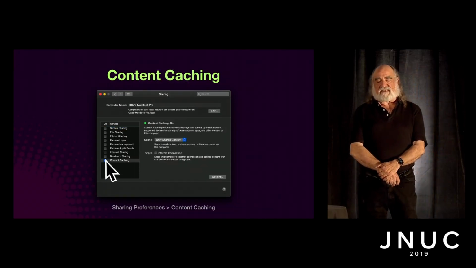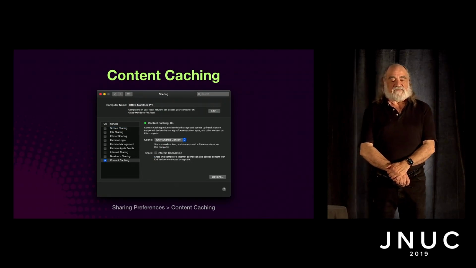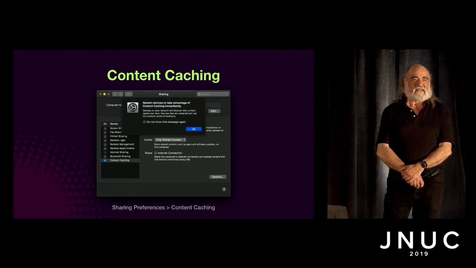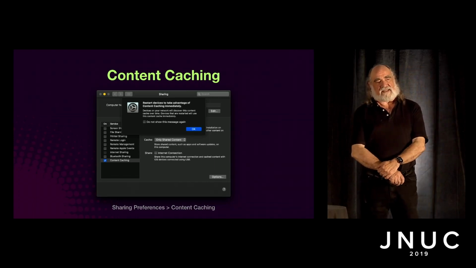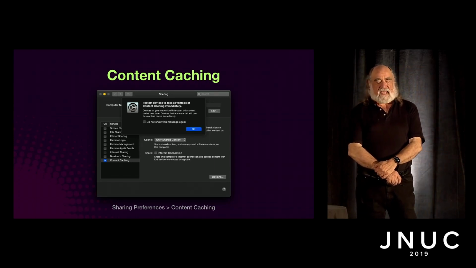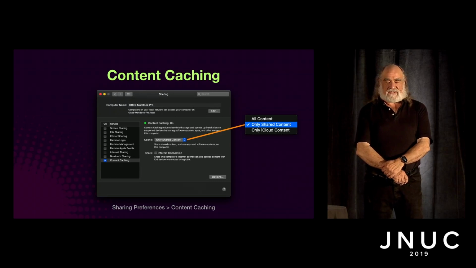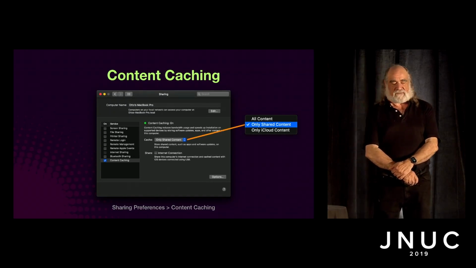If you click the content caching server there, it will automatically let anyone on that network know that there's a content caching server there. And if you choose, you can determine what kind of content you want to cache.